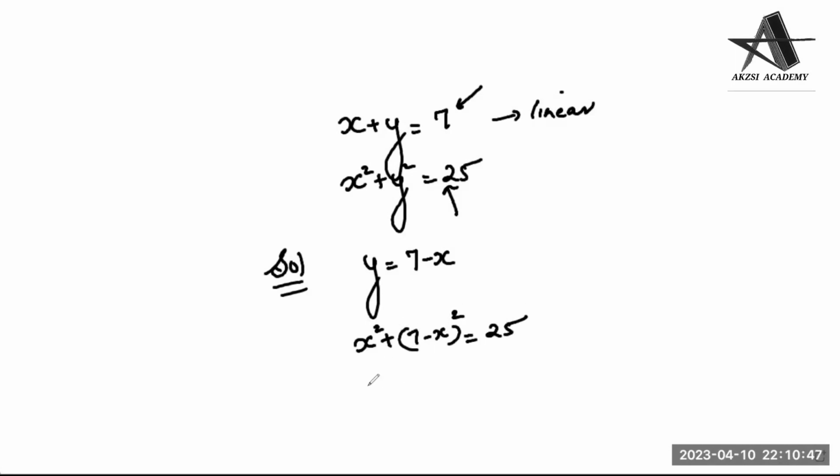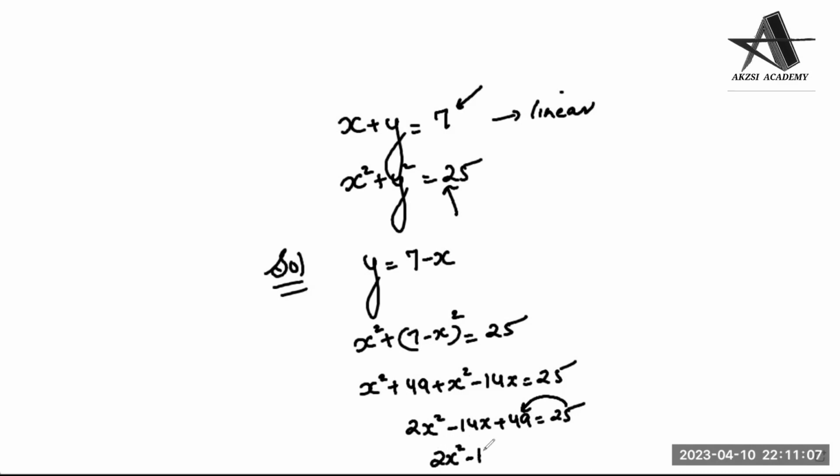You just need to expand it. x squared plus 49 plus x squared minus 14x equals 25. Then it's 2x squared minus 14x plus 49 equals 25. Transposing 25, it's 2x squared minus 14x plus 24 equals 0.